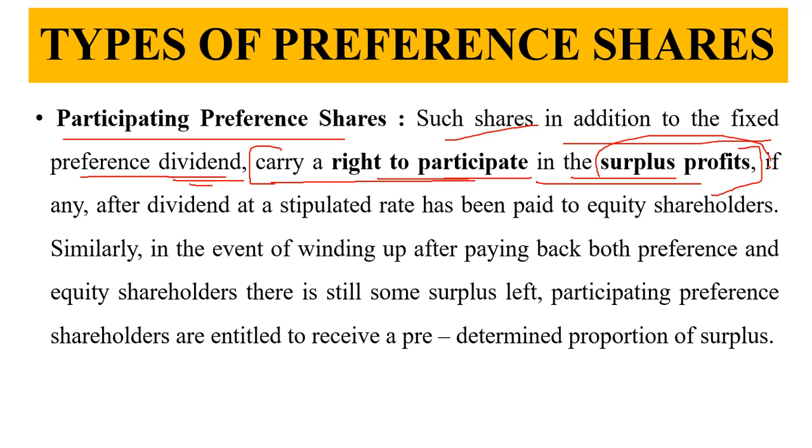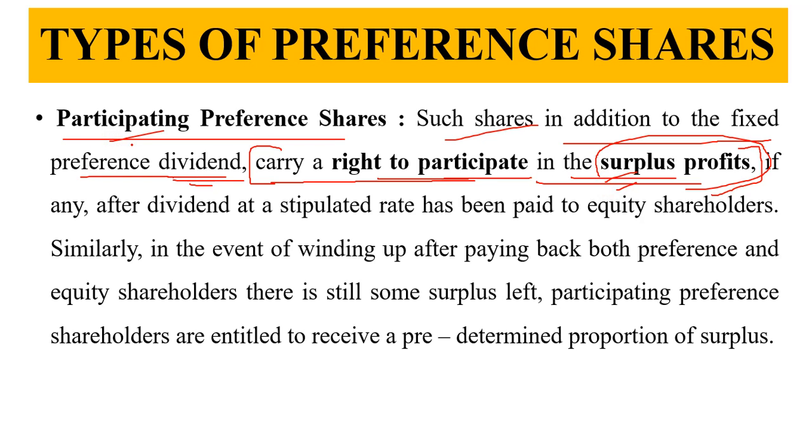Now what is the surplus profit? Surplus profit is the profit remaining after giving the dividend to the preference shareholders and the equity shareholders. Suppose the company has received some profit, and out of this profit the company pays the dividend to the equity shareholders and to the preference shareholders. The remaining amount is called surplus profit.